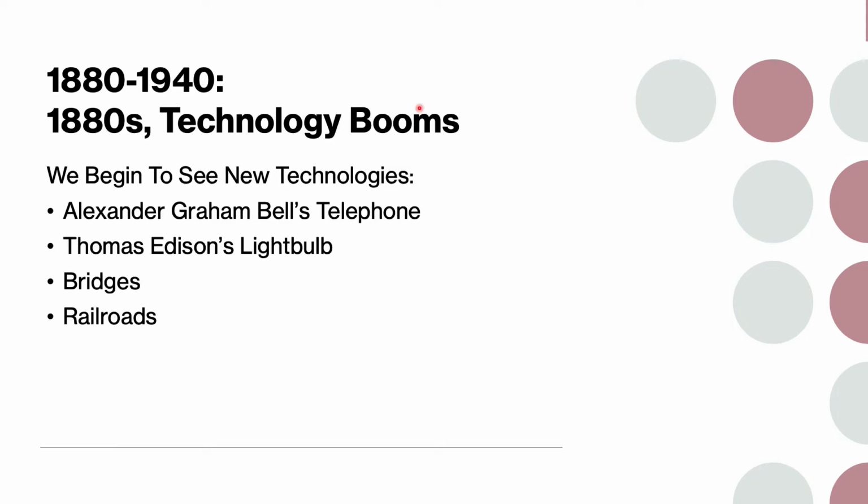According to America's Best History No Date, what we see is a technology boom as we hit the 1880s. Yes, there is some that occurred in the last decade, in the 1870s, but really now we hit it. America's Best History No Date shows us Edison's handiwork as well as Alexander Graham Bell's telephone being invented, which is only put into perspective once we realize that bridges and railroads are being constructed.